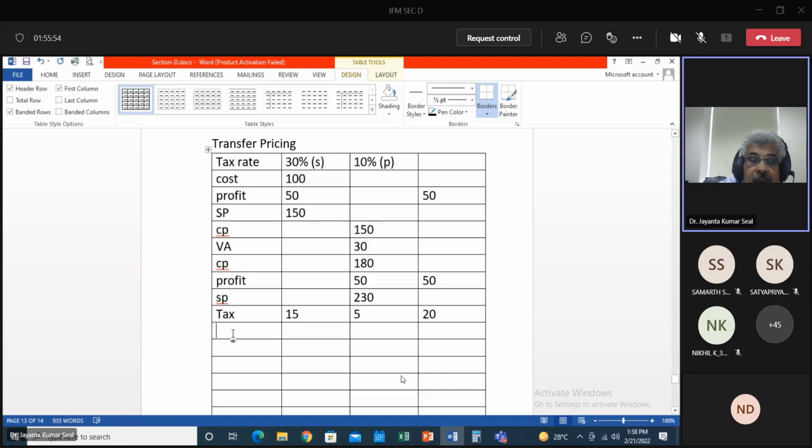So net profit: 50 minus 15 is 35 here. 50 minus 5 is 45 here. 100 minus 20 is 80 here. Okay? Yes, sir. Makes sense?